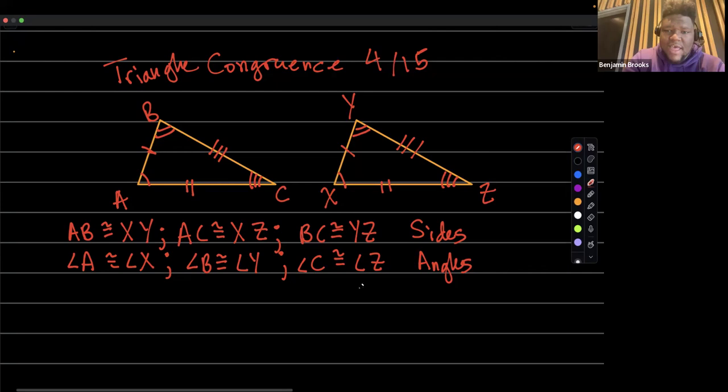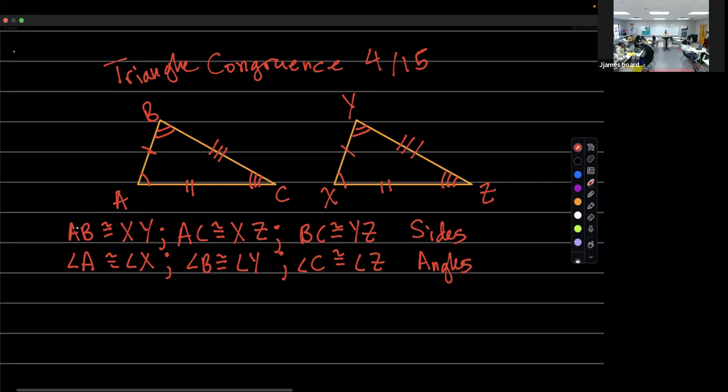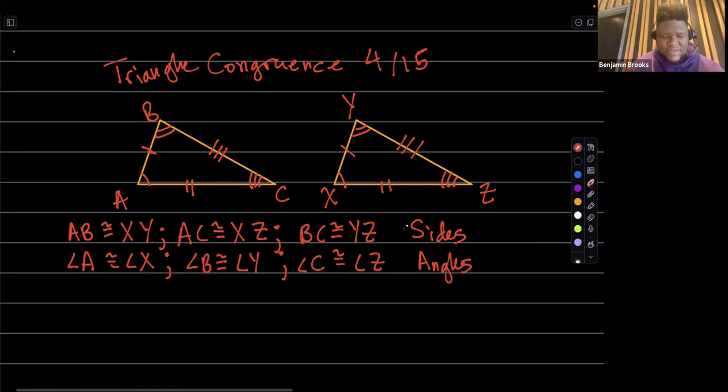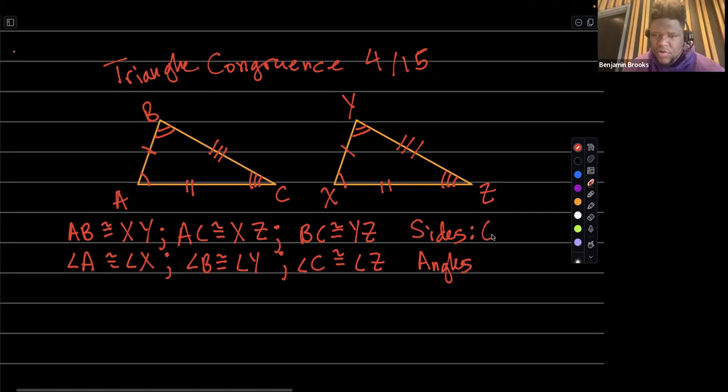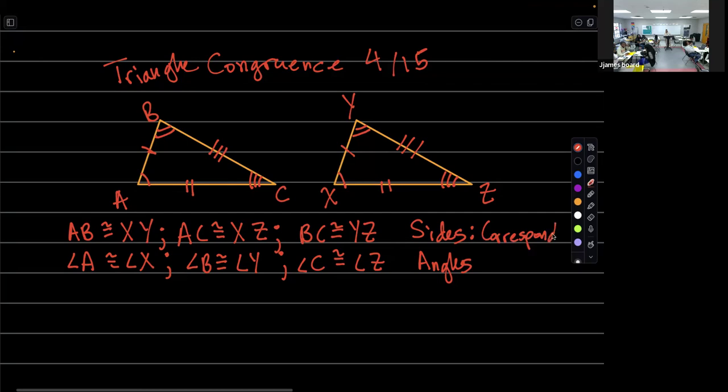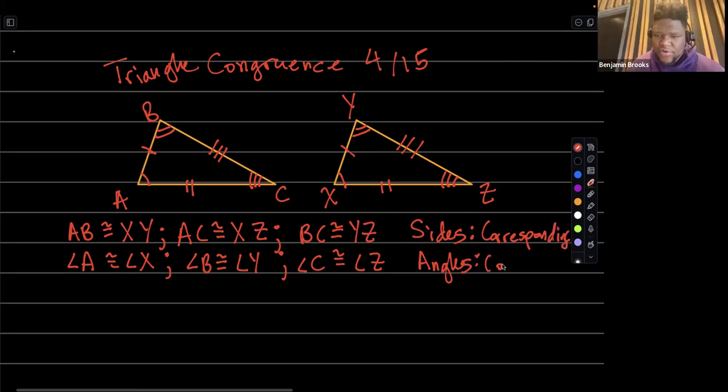So we've got angles, we've got sides that are congruent. Specifically, and this is how I want you all to say it, these sides are what we call corresponding sides, and these angles are corresponding angles.